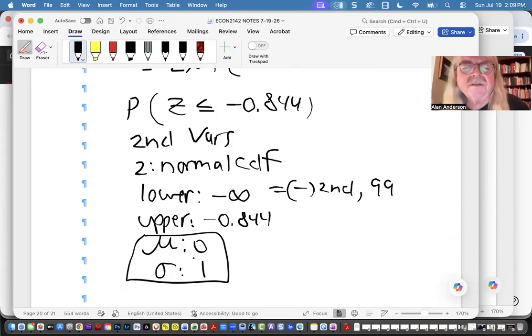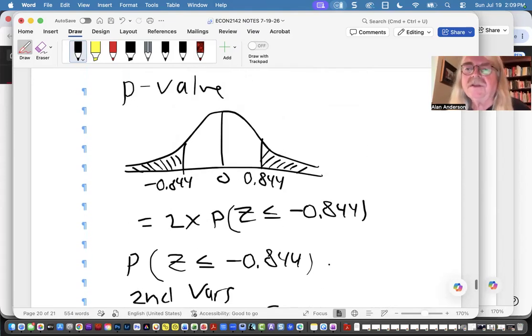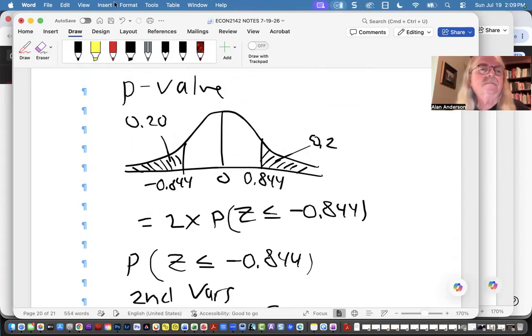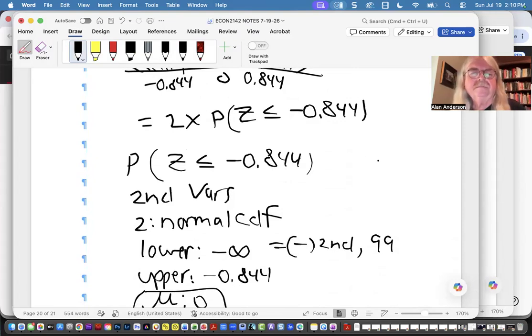It's almost exactly 0.2. All right, so that's in both tails because of the symmetry of the distribution. And so, of course, that adds up to about 0.40. That's our p-value.